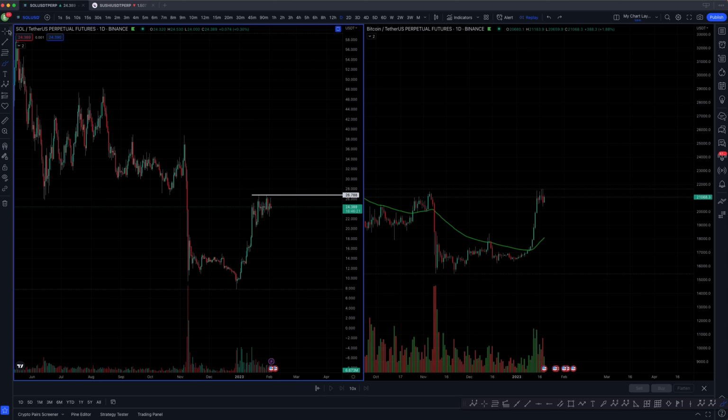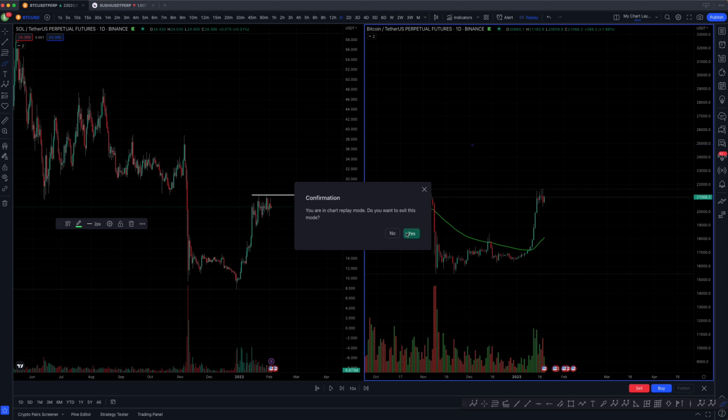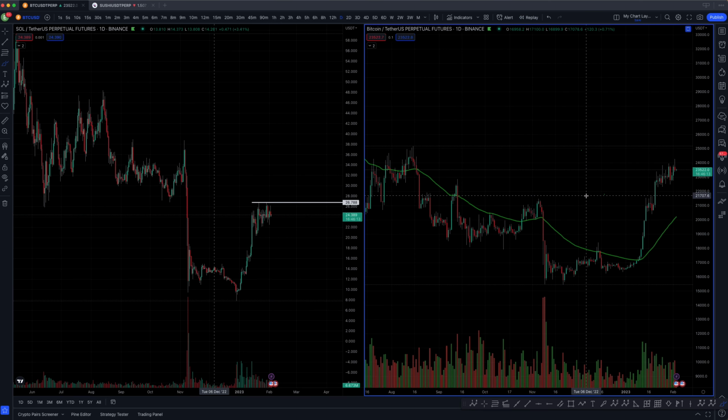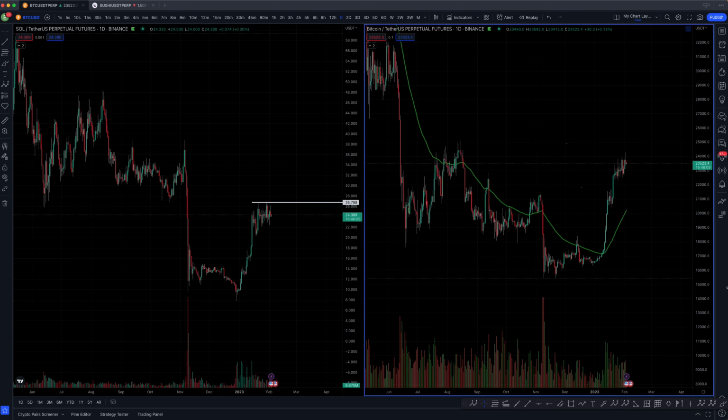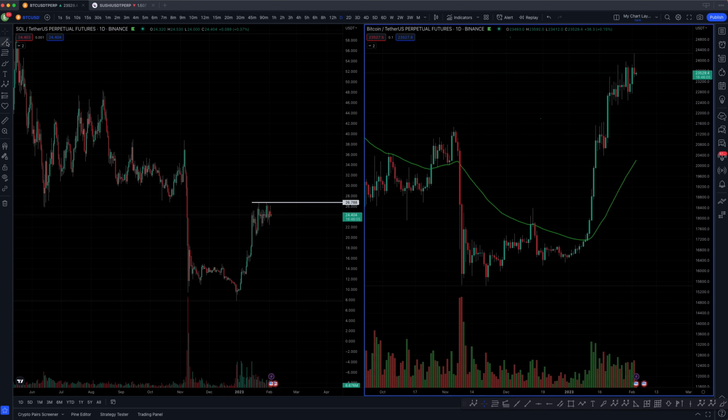Now let's see what Bitcoin has done, because Bitcoin always rallies before other major altcoins, right? Now what we see here, Bitcoin has clearly crossed this area from where the sharp drop happened.